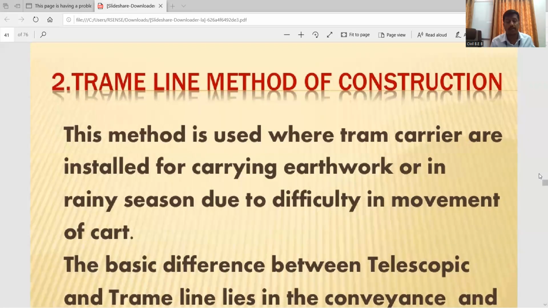Our section 2 is very important for us, about airport engineering and docks and harbor engineering. Just give me a minute. I will just plug in the charger to this laptop.